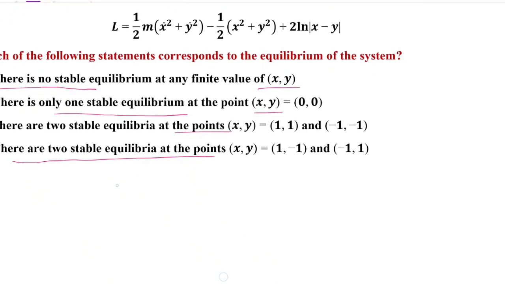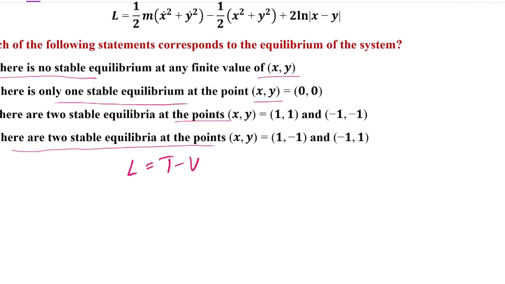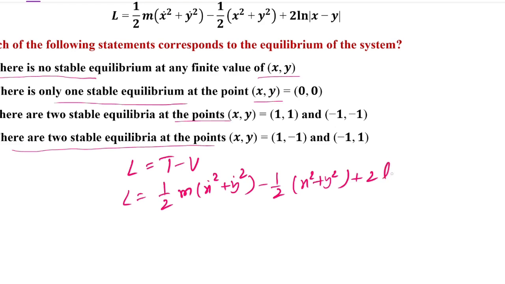So we know that Lagrangian of a system is given by L is equal to T minus V. If you compare with the given problem, L is equal to m into x dot square plus y dot square minus half into x square plus y square plus 2 into ln of modulus of x minus y.